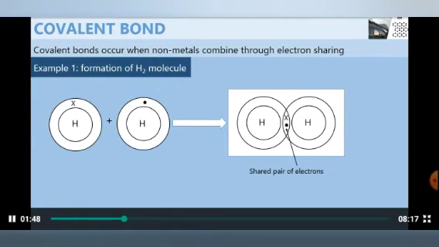This observation was made by a scientist known as J. N. Lewis in 1916, because he noticed that some compounds do not really transfer their electrons from one atom to another, but rather decide to share the electrons.